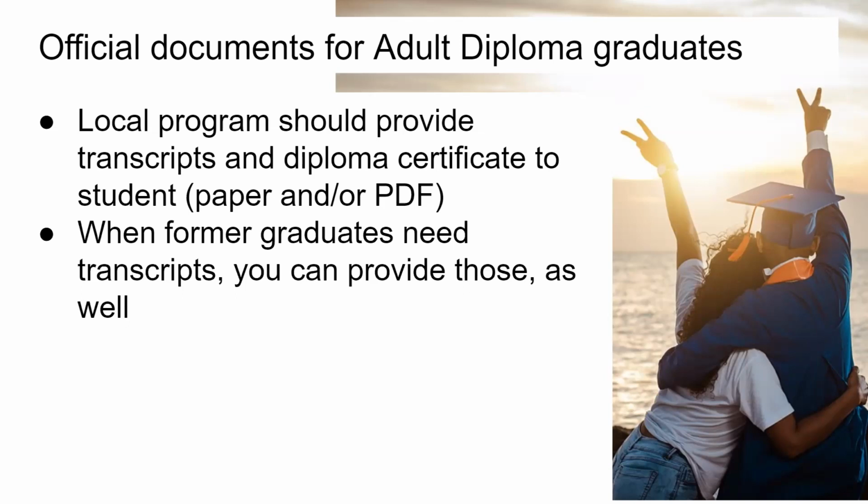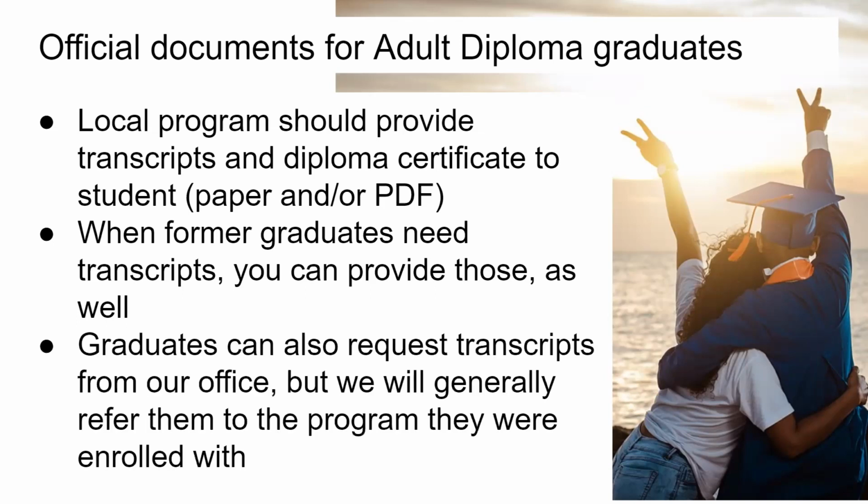What we want to make sure you remember as well is that when former graduates need transcripts, which we know happens sometimes, you can provide those too. So years later, if you have somebody who completed a standard adult diploma in 2018, if they contact you next year, you absolutely go ahead and provide them with an official copy of that transcript.